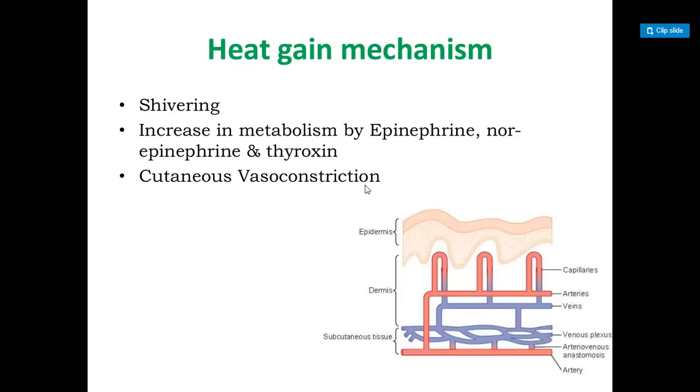And why are they reducing blood supply to the skin? Because when blood flows to the skin, the temperature of that blood can be conducted away from your body. You can lose heat from the surface of your skin when blood flows there. So to prevent you losing heat, because you don't want to lose heat, you want to gain heat. You are cold.